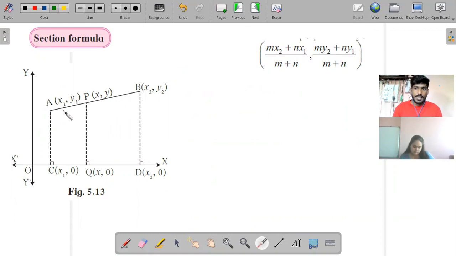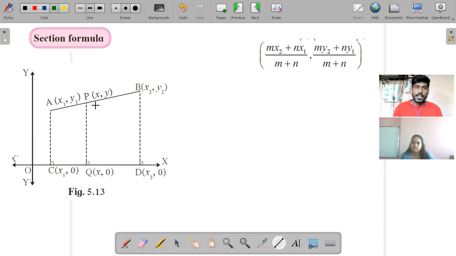Now suppose you have a line segment AB. The coordinates of A are x1, y1, and the coordinates of B are x2, y2. So you have a line segment AB, A having coordinates x1, y1, B having coordinates x2, y2.